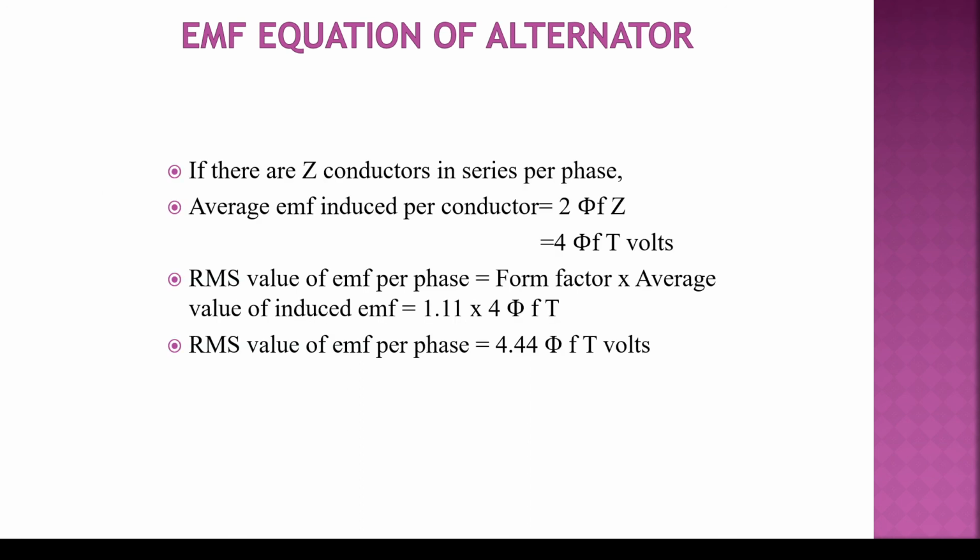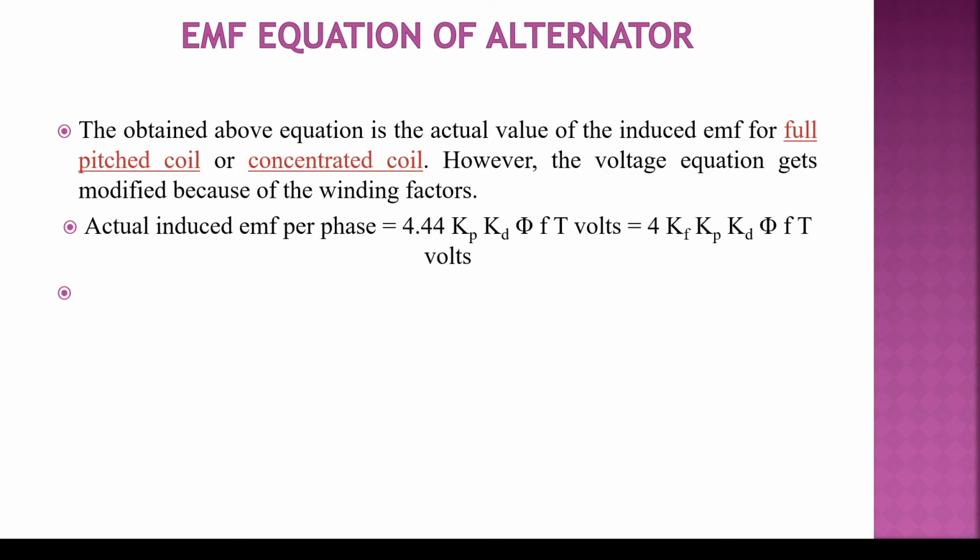If we take into consideration Z conductors in series per phase, then multiply the 2 phi f by Z. So we are going to get 4 phi f T, and the RMS value will be form factor into average value. The form factor for a sinusoidal waveform is 1.11. So 1.11 into the average value 4 phi f T, that is 4.44 phi f T is the RMS value of EMF per phase.